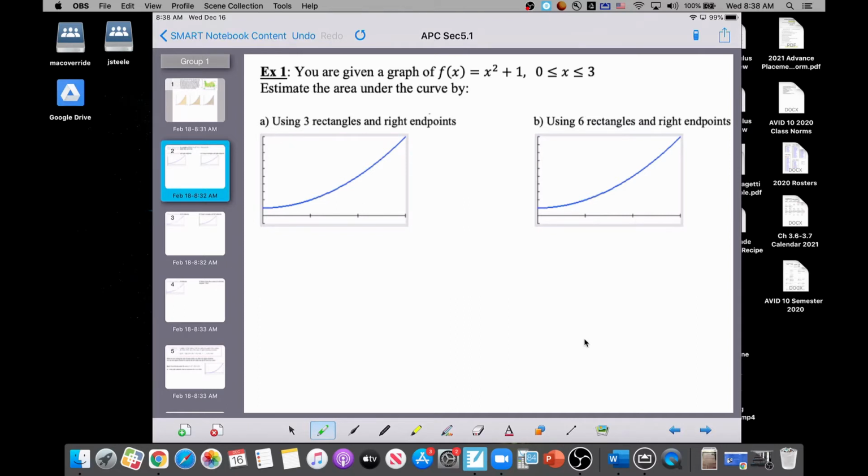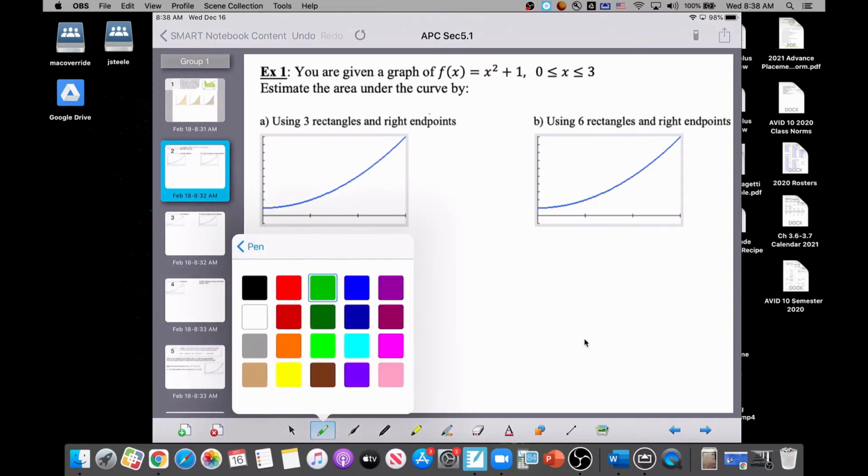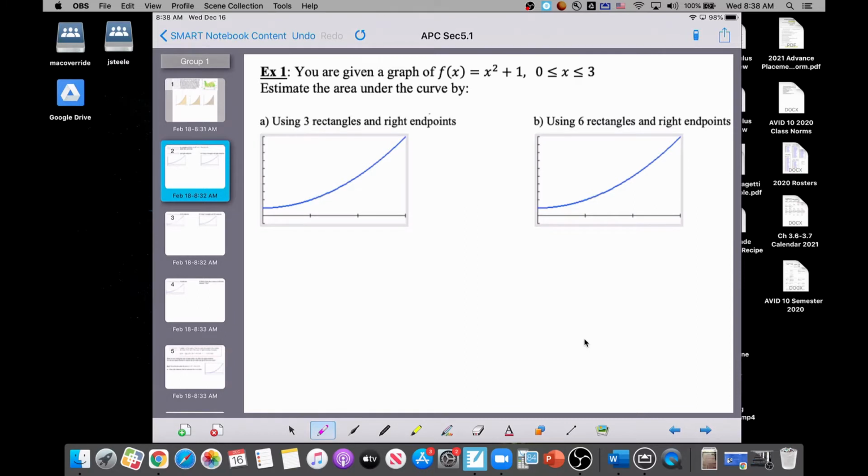So the 3 rectangles, then, it makes sense since our x-axis goes from 0 to 3. That was the given domain that we're trying to find the area under the curve for. So if we're going to be using right endpoints, then our first endpoint is going to be right here. Our second endpoint is going to be right here, and our third endpoint is going to be right here. That's what we mean by right endpoints.